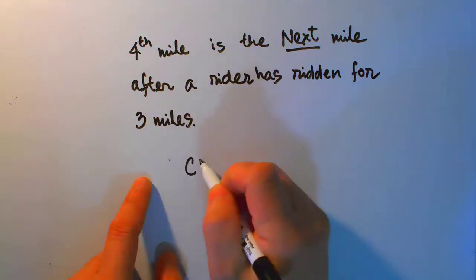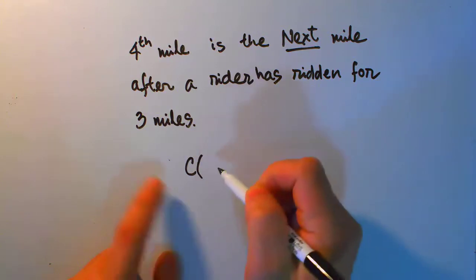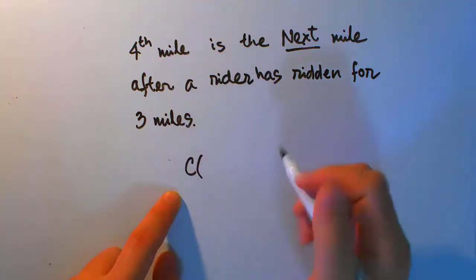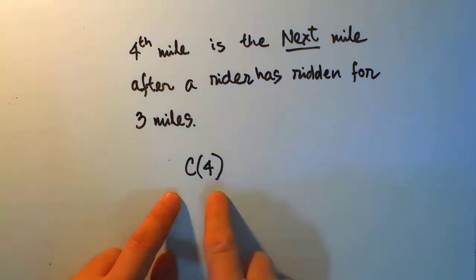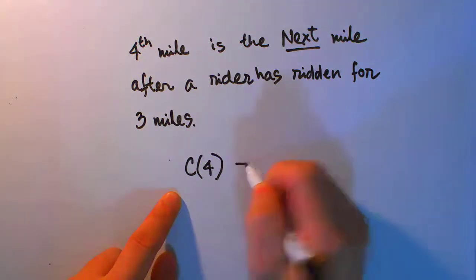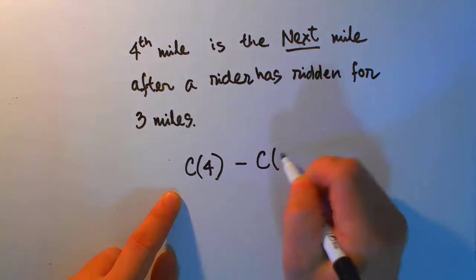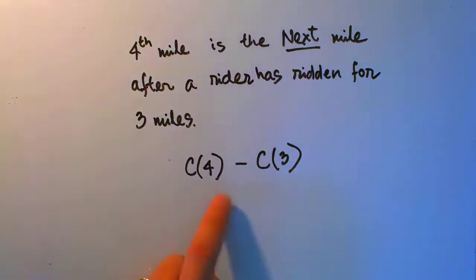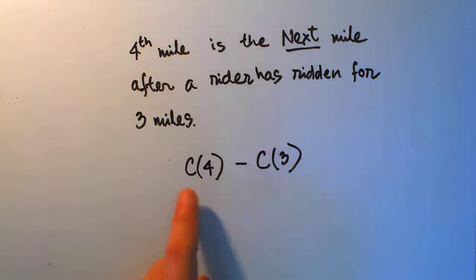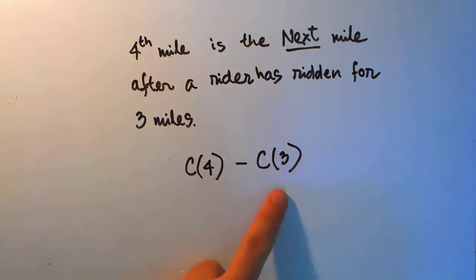And so in other words, all we need is to measure how much, if you would ride for 4 miles, that would be as a difference with riding 3 miles. And so bringing that into our functional concept right here, what we're looking for now is the difference between C at 4 minus C at 3.